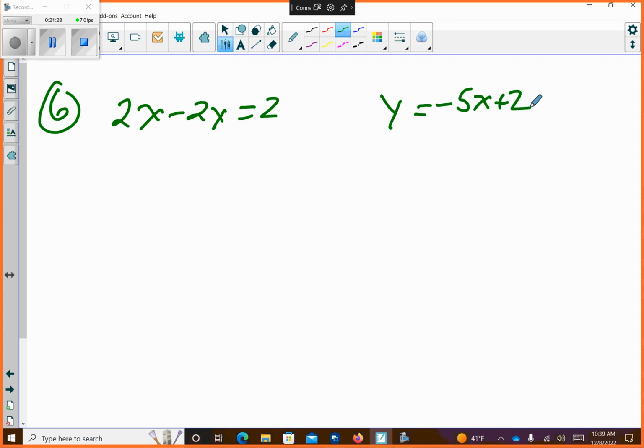All right. Remember I said we want to work smarter, not harder. So before, we are indeed going to substitute something in. But I want you to look at number 6. I want you to look at the equation that's on the left side. What do all 3 of those terms on the left side have in common? 2. Watch this.